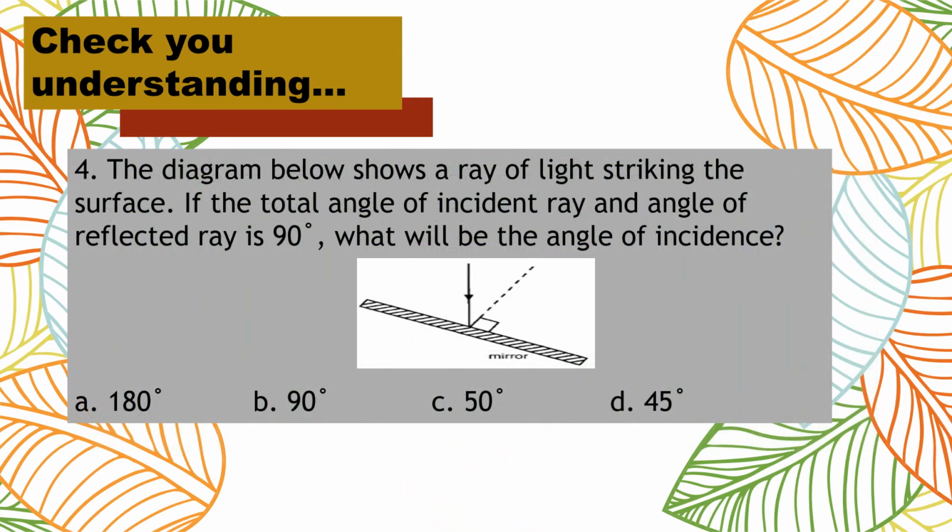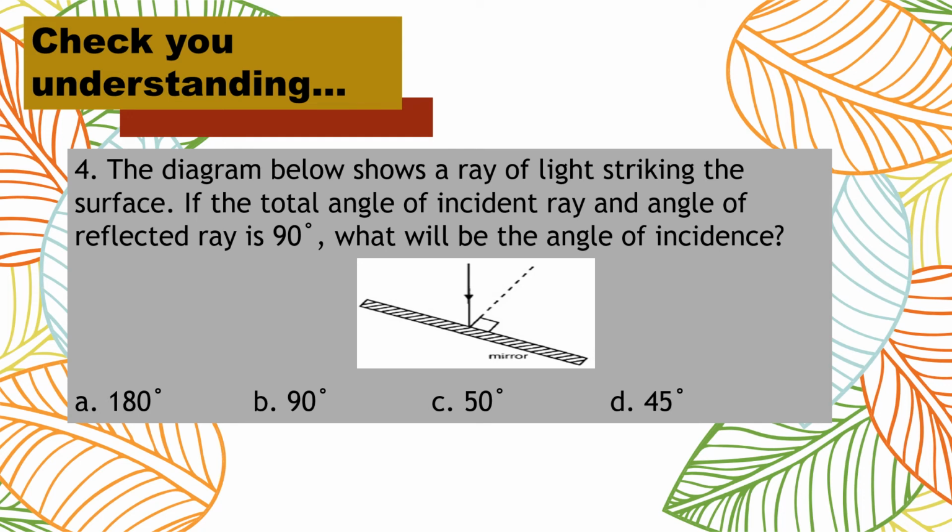Now, number 4. The diagram below shows a ray of light striking the surface. Look at the illustration. If the total of the angle of the incident ray and the angle of the reflected ray is 90 degrees, what will be the angle of incidence?